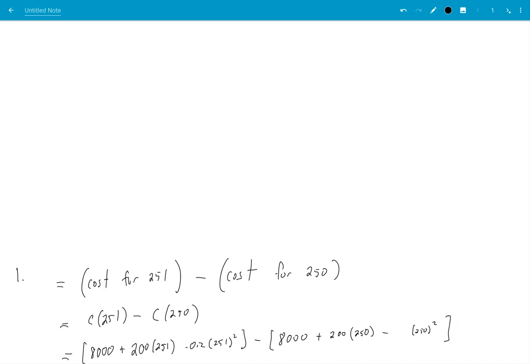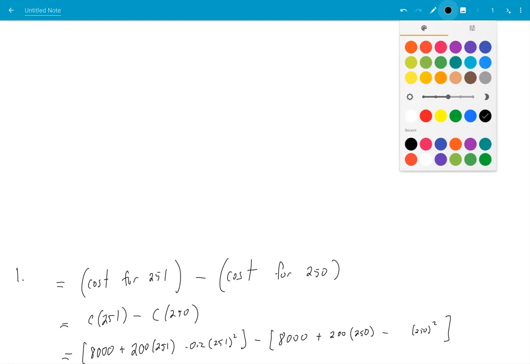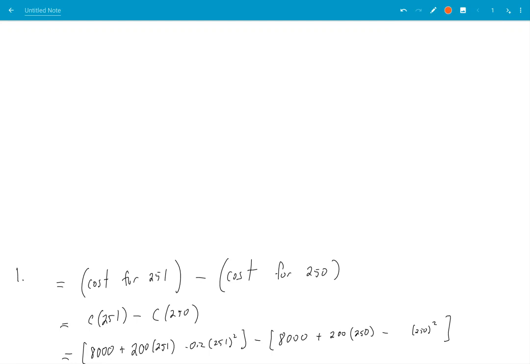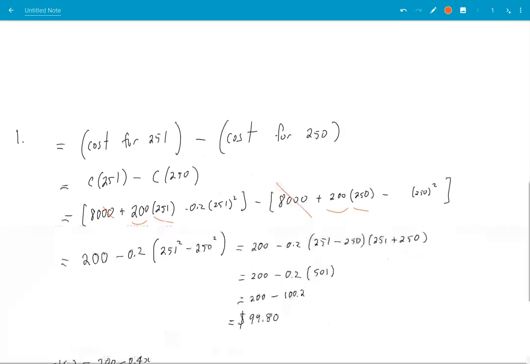So pause the video at any time if you want to copy this down. Let's see here. Well, I do this in a kind of fancy way because I'm allergic to calculators. The 8,000s cancel. And I have 251 times 200 minus 250 times 200, which gives me just 200 here.